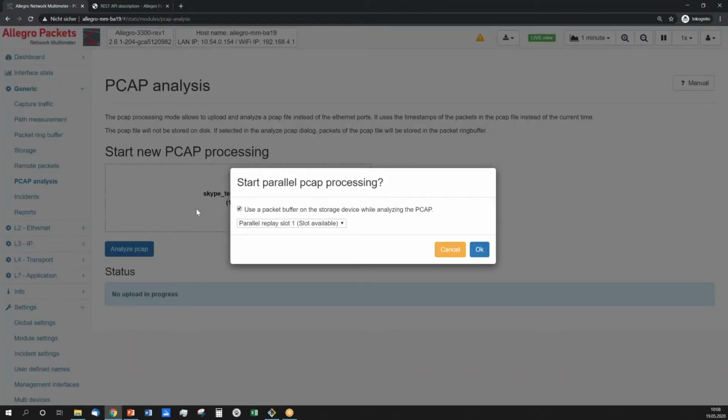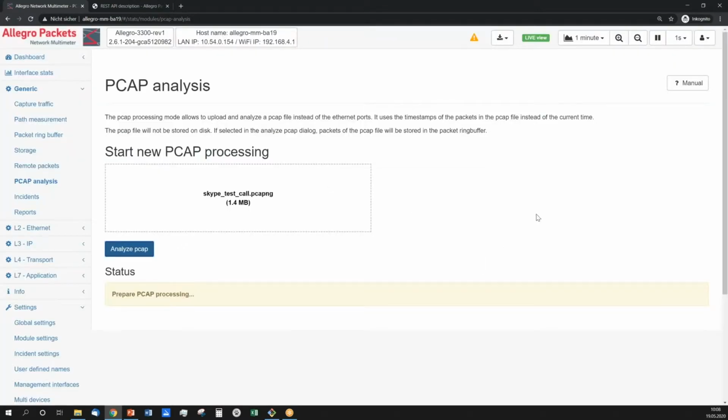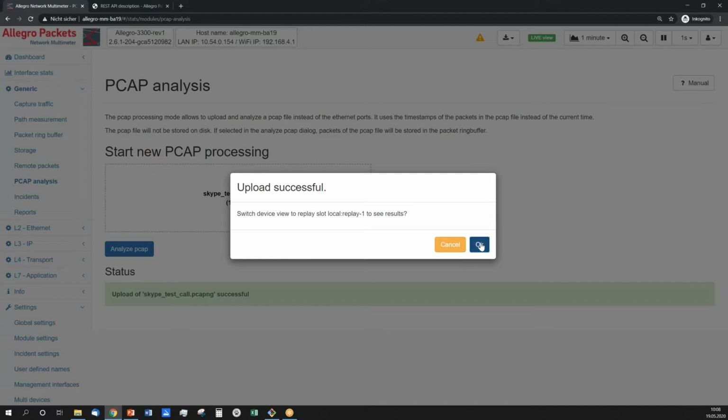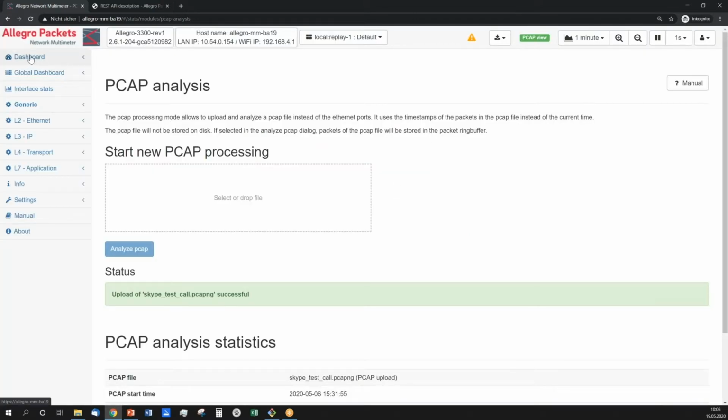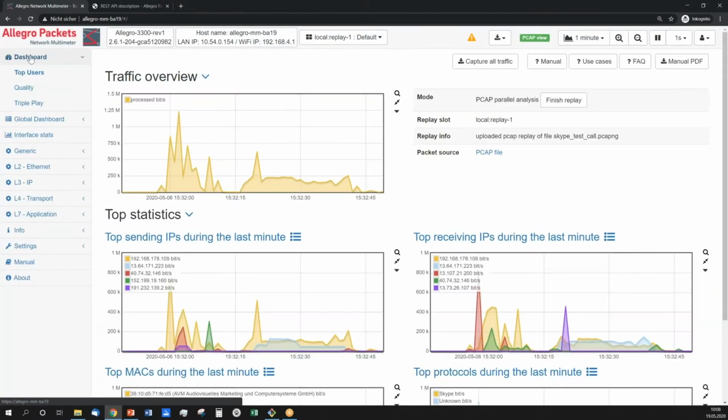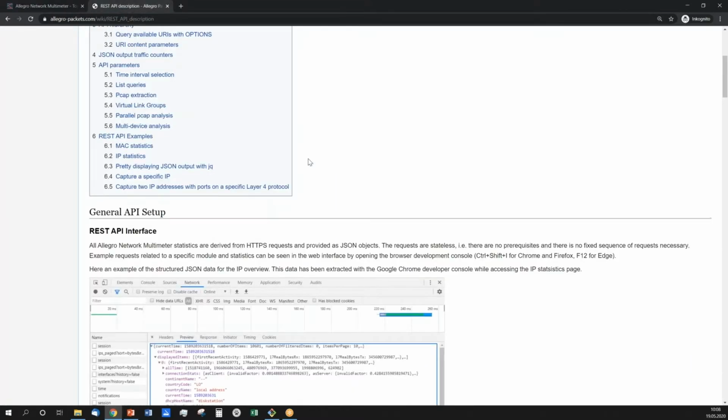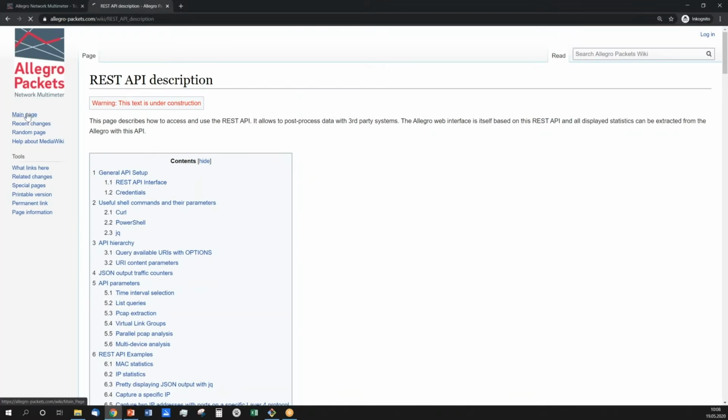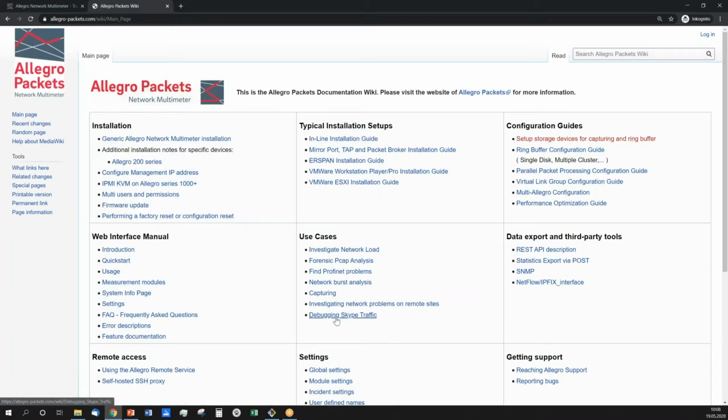Now it asks me, okay, you would like to analyze that in your replay slot. And okay, it's done. Now I can see on the dashboard that was my traffic of the Skype call. Well, the very simple thing is, let me show you what I'm talking about in the wiki right now, which is debugging Skype traffic.